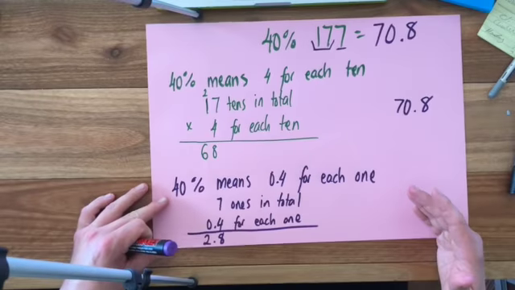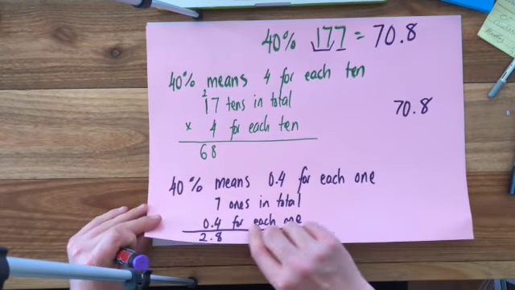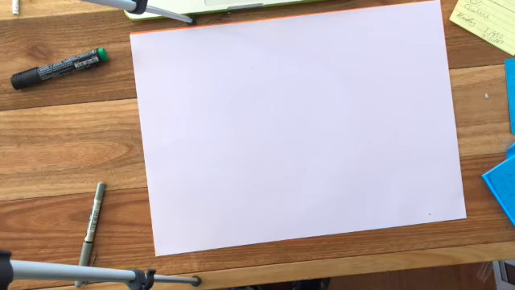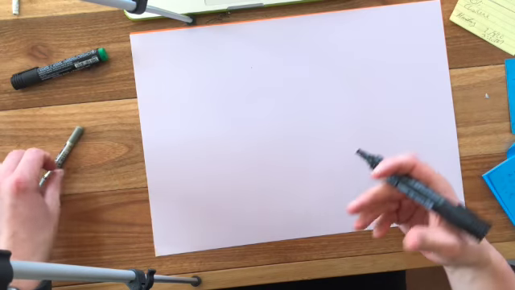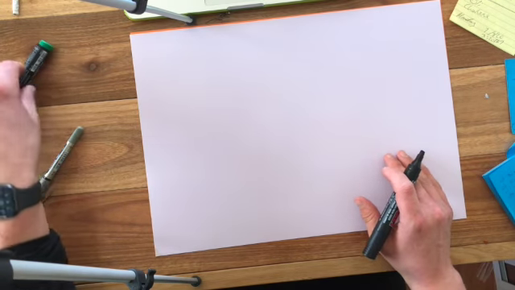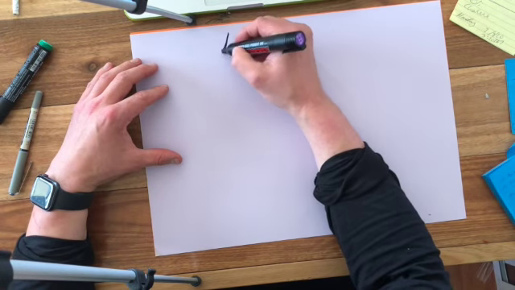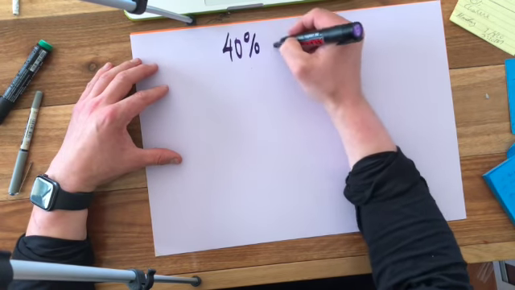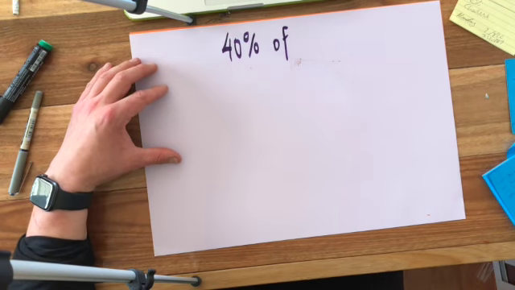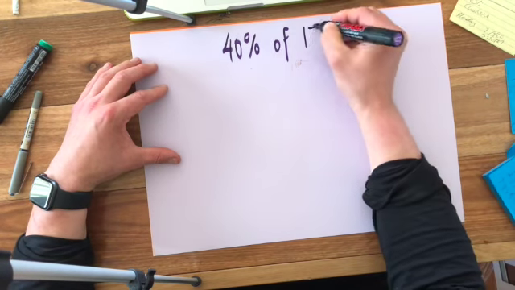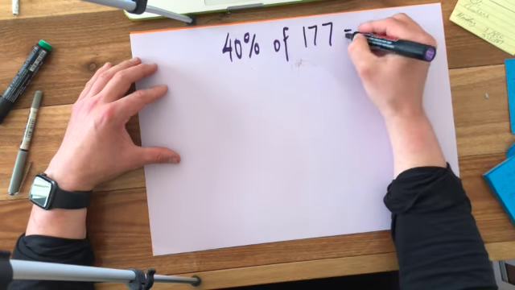What can we do? Well, we need to rename again. So we need to look at how to find a percent of a number without having to go through all of the steps. So we'll go with the same example. 40% of 177 equals.